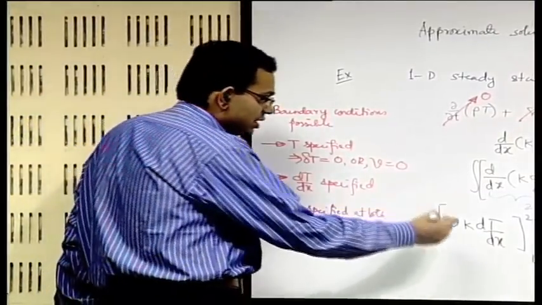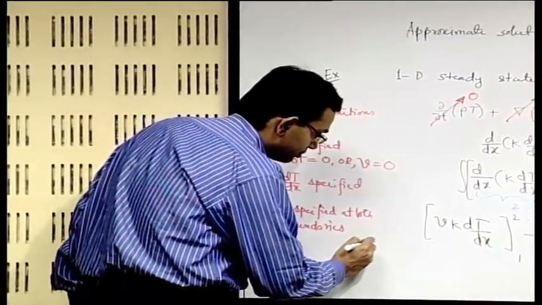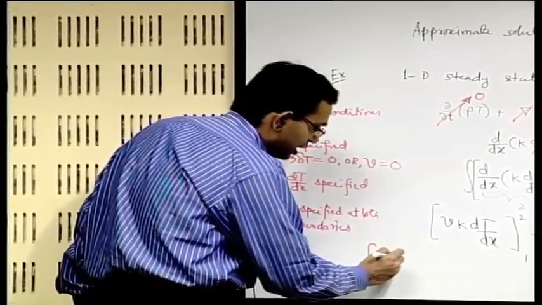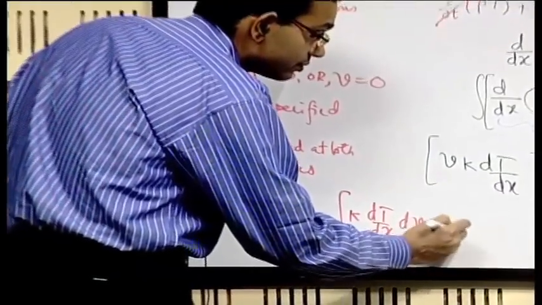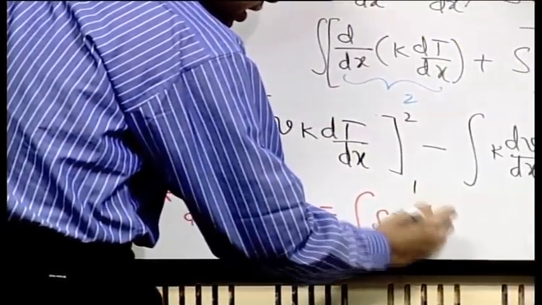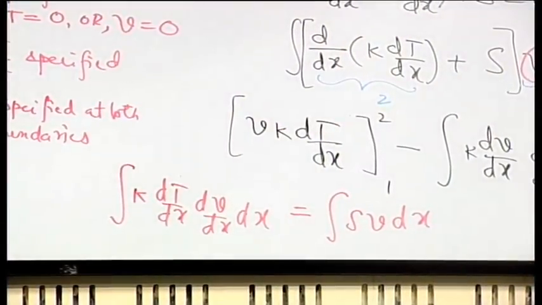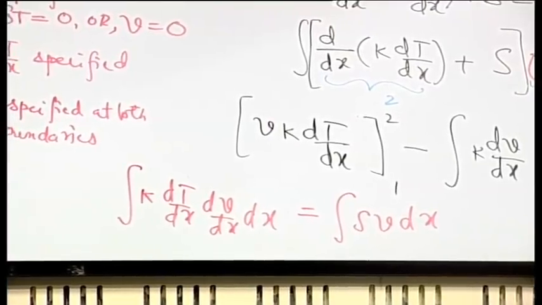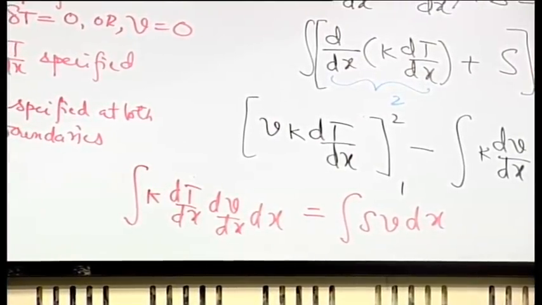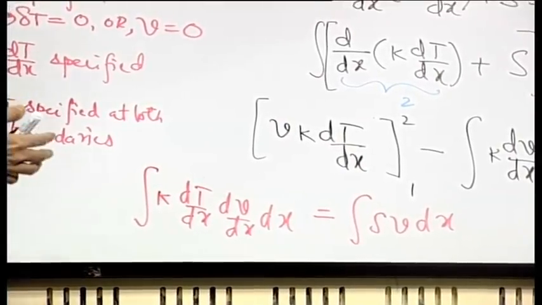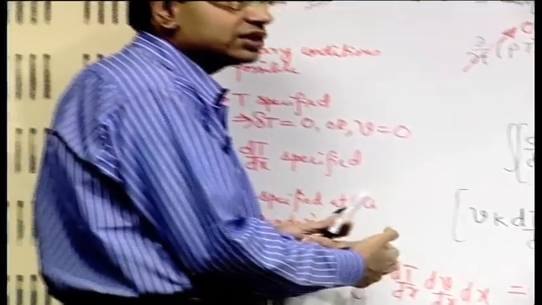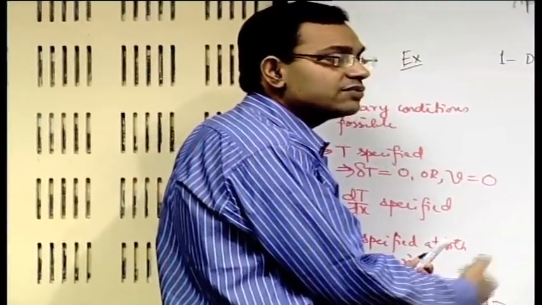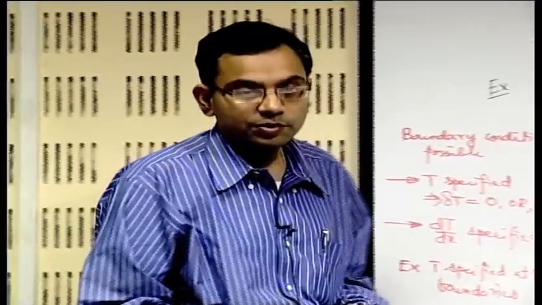If that becomes 0, then you are left with integral of k dT dx dv dx dx is equal to integral of S v dx. This is a particular simplified form at which we arrive, and in the next class we will take it from here and see how we can devise approximate solution techniques by using this variational form. We stop here for this class. Thank you.